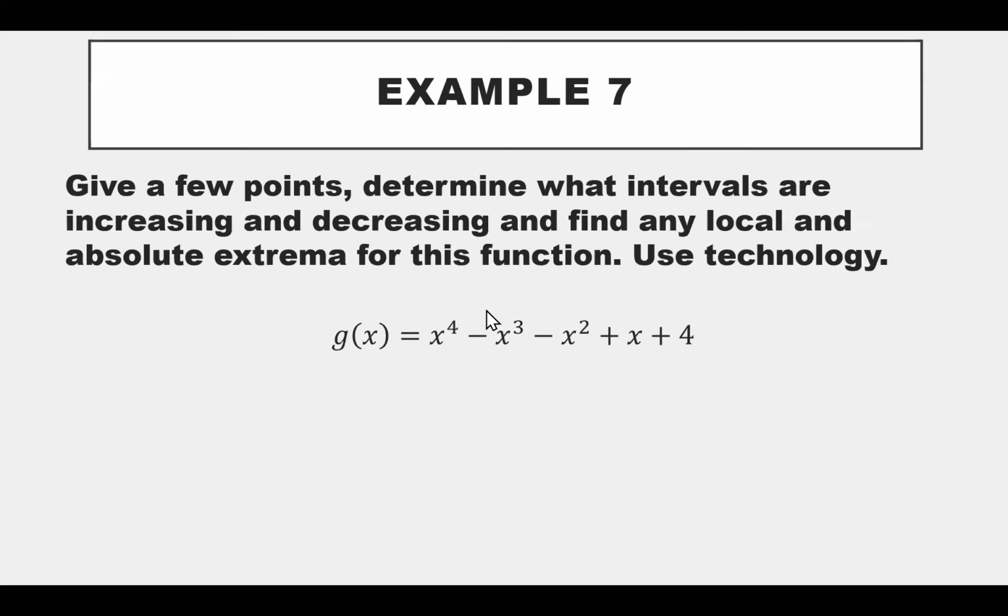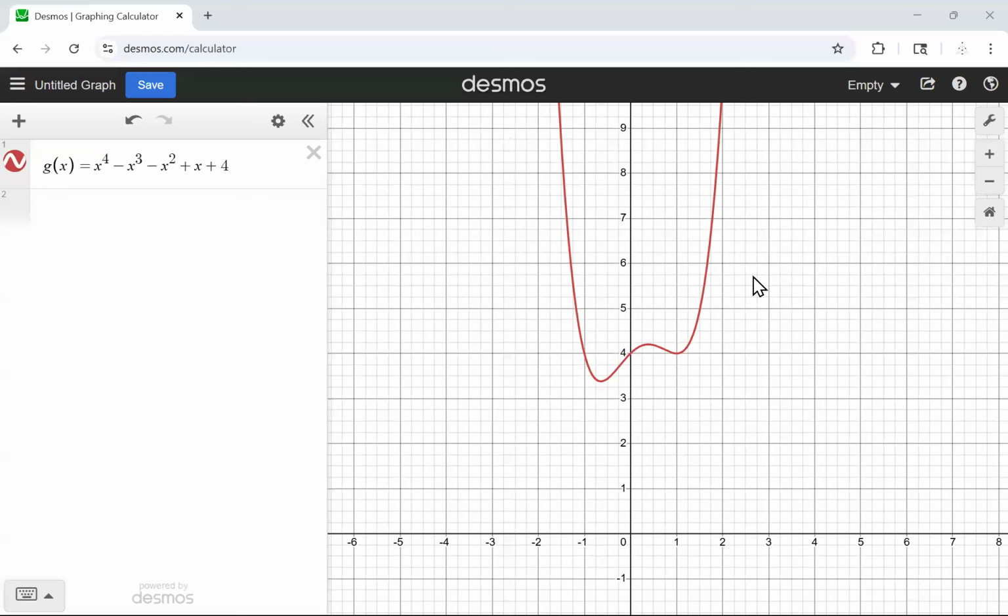As always, if you want to try this on your own, go ahead and try it on your own, and then see if we got the same answers. When I graphed this, I ended up with a graph of the function that looks like this.